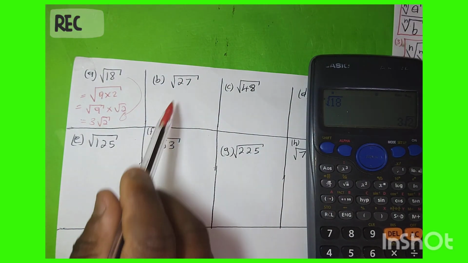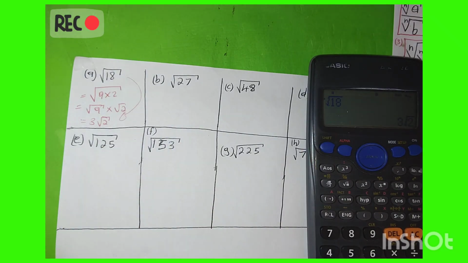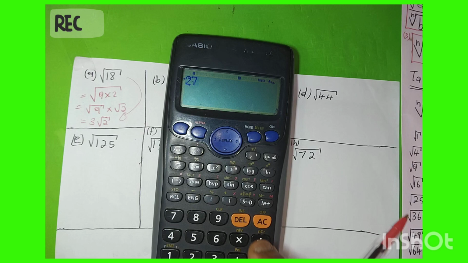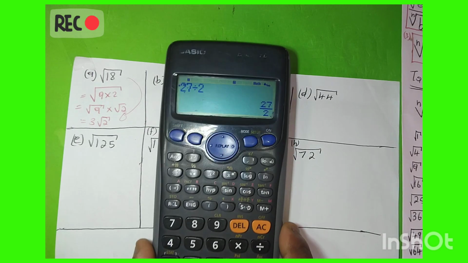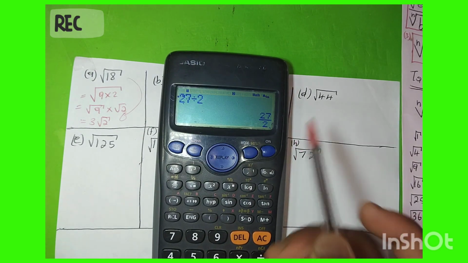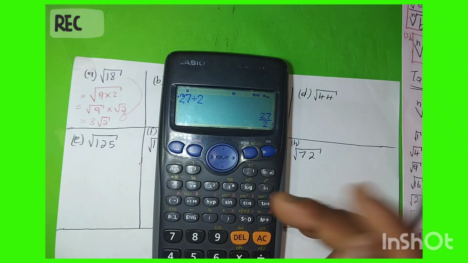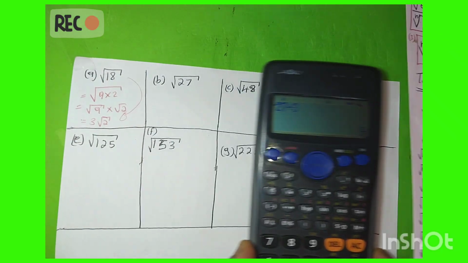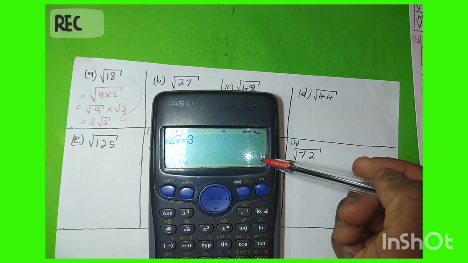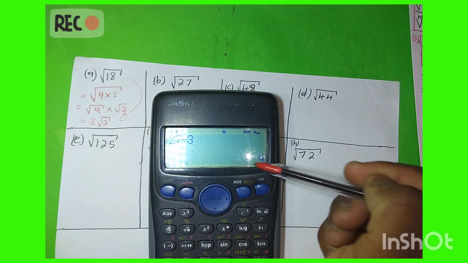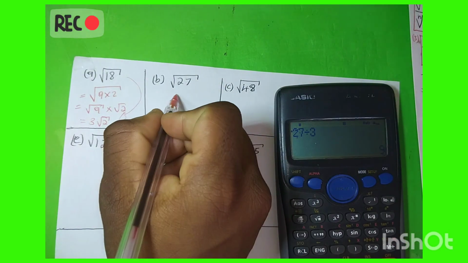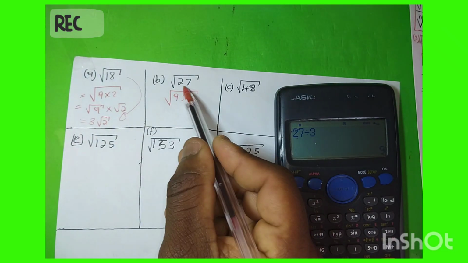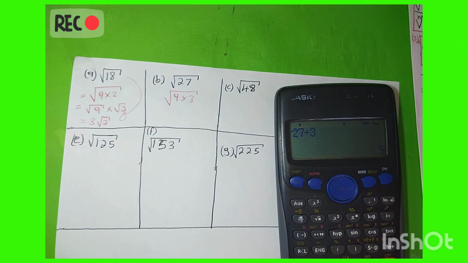Then what about this one? For this one, what you should do is try to introduce a perfect square by saying, let's say 27 divided by 2, meaning that here we can't get a perfect square. Let's try 3, meaning we will get 9. Meaning 9 times 3 is still the same as 27.